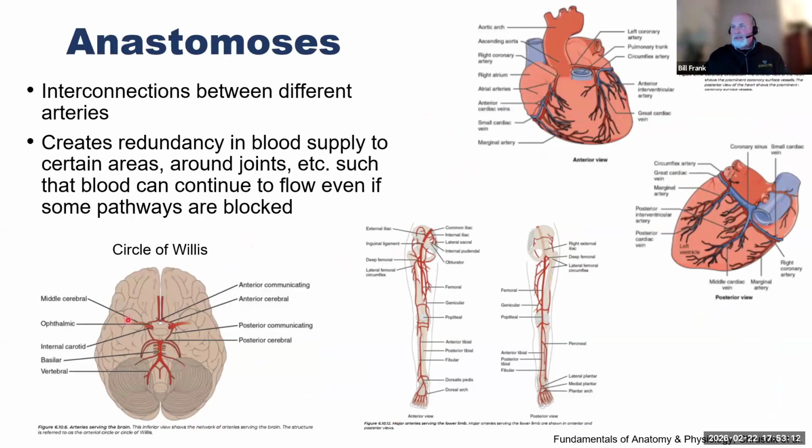So we talked about this in the brain, the circle of Willis, between the posterior circulation and the anterior circulation, between the vertebral arteries and the internal carotid arteries. We also talked about it in the hip between the medial and lateral femoral circumflex arteries that give collateral circulation around the hip.